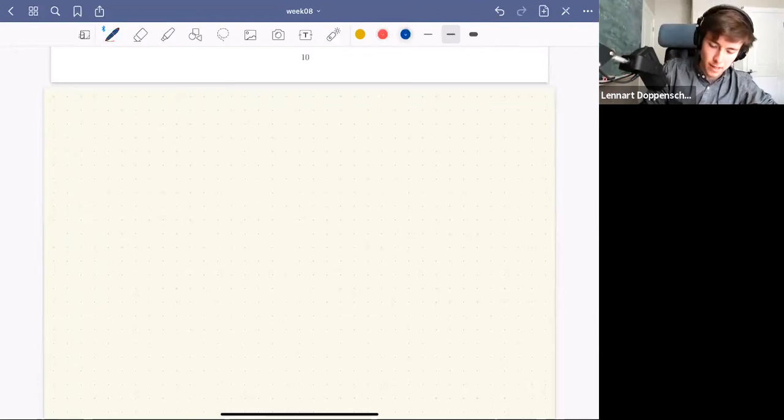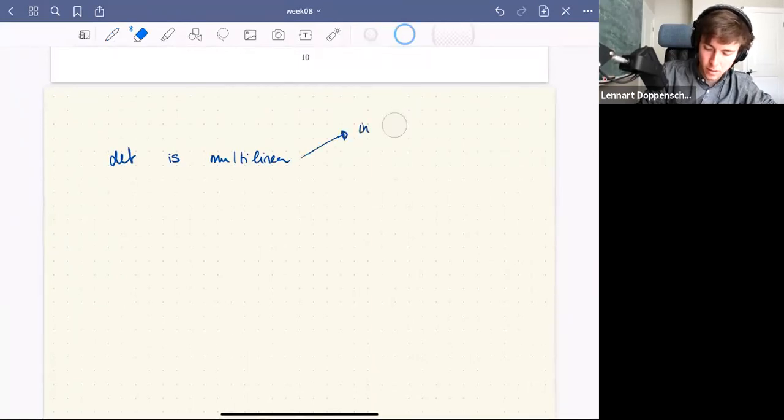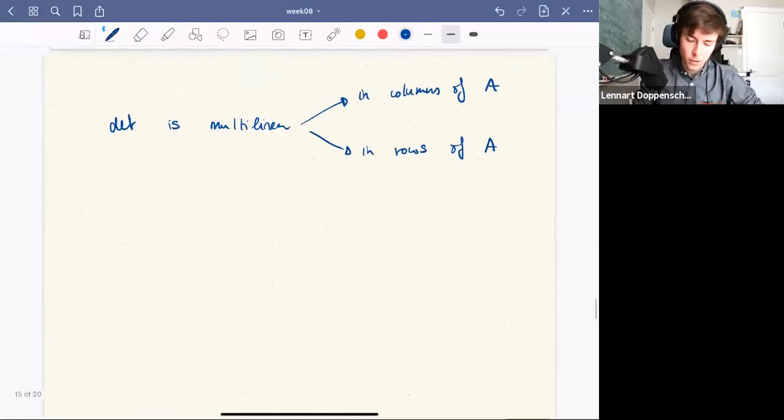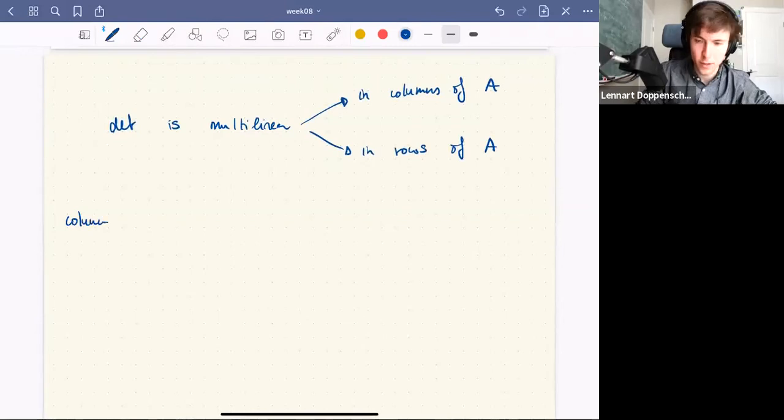So remember that when we write that the determinant is multilinear, then we can say it both in terms of columns of A, but we could also have said this in terms of rows of A. So the column perspective is the one that we chose.